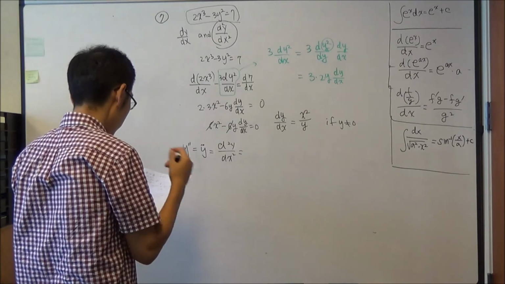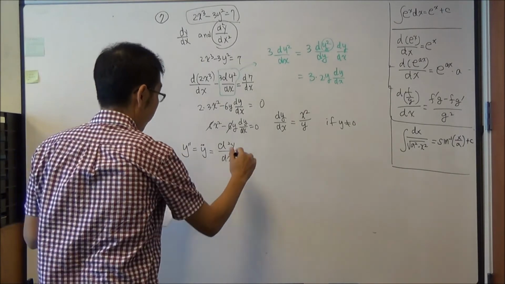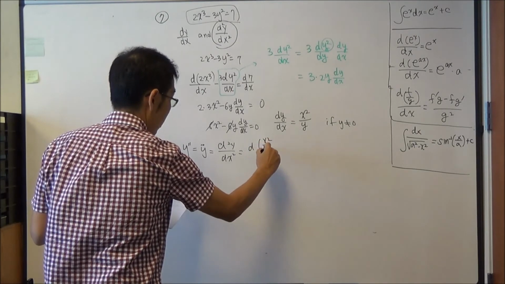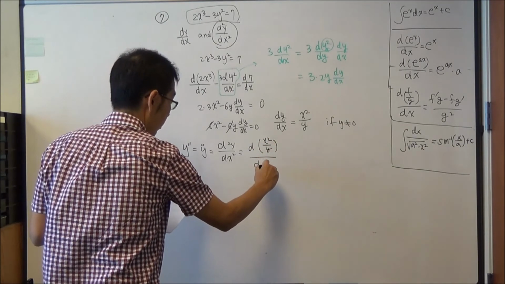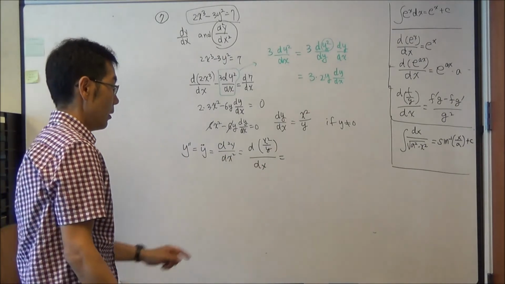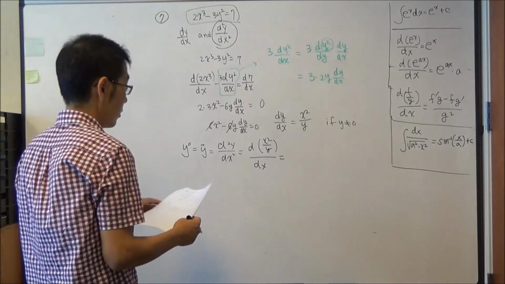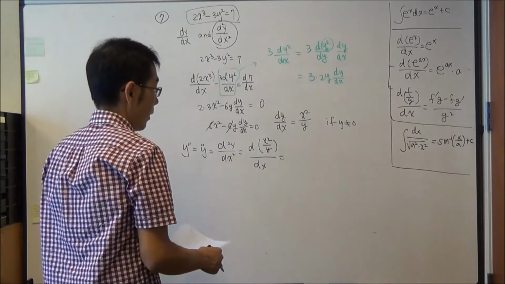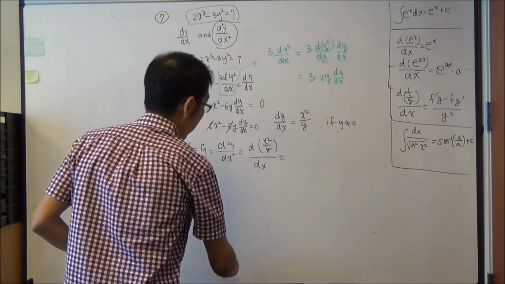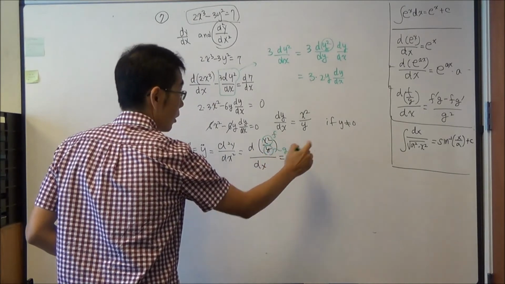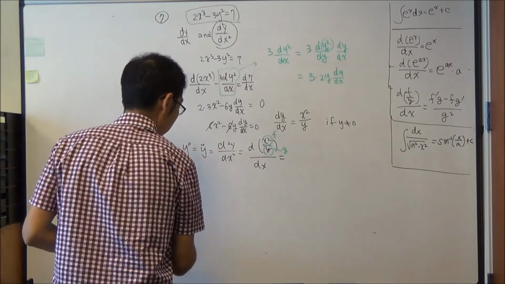So if you take another derivative, which means I want to take the derivative of this one with respect to x. So how can we find this one? Just use this formula. Right now in here, this one is f and this one is g according to our formula.